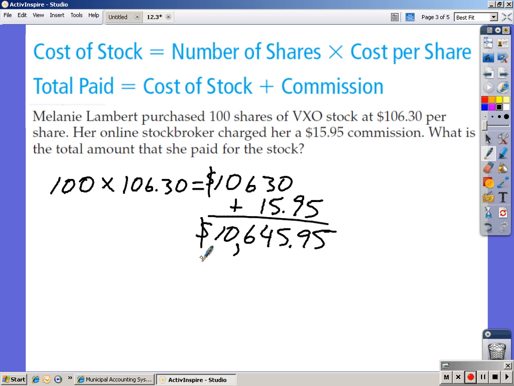But if she sold it for less than 106.30, she loses money. When you find out if you made money or lost money, always take the new price minus the old price. Remember that formula I've given you in the past, new minus old divided by old, to find the percent. Okay? But for today's lesson, that'll do you.